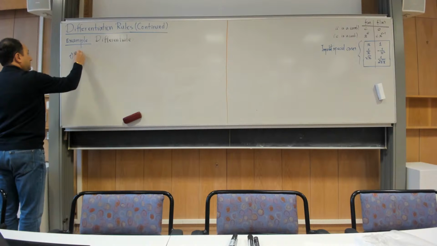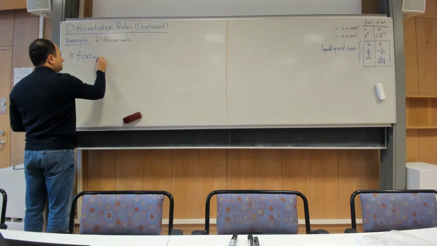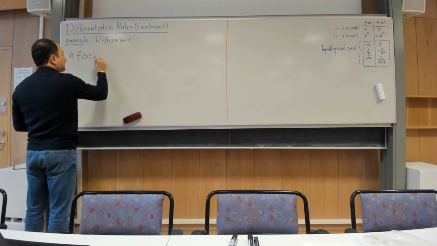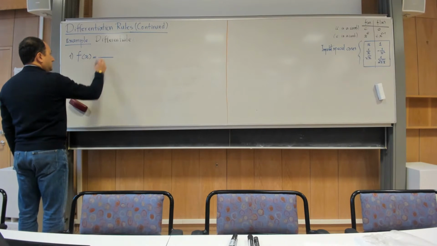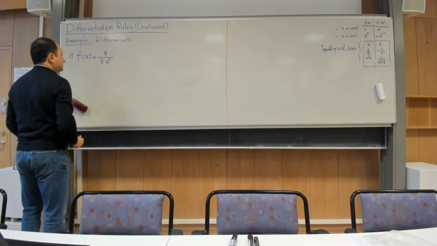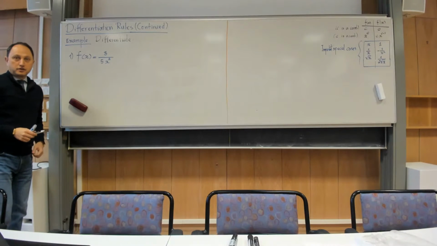Let me write the function f of x equals, let me work with fractions now. So let me write 3 over 5x to the power 2. Assume that I want to take the derivative of this function.